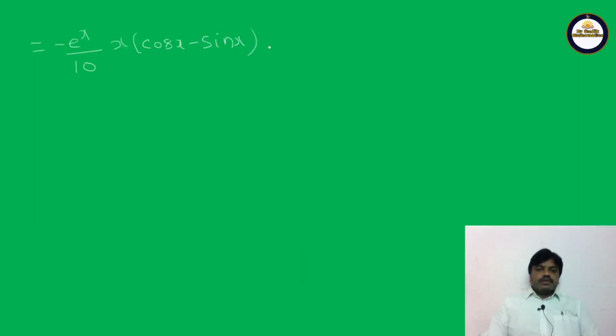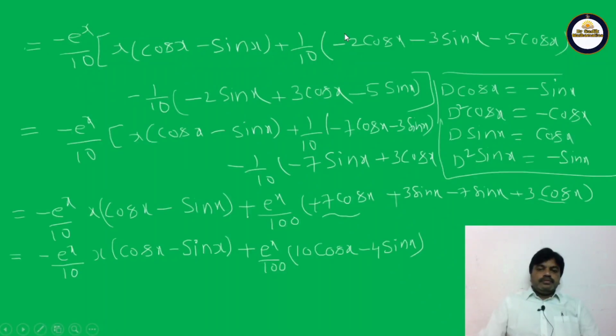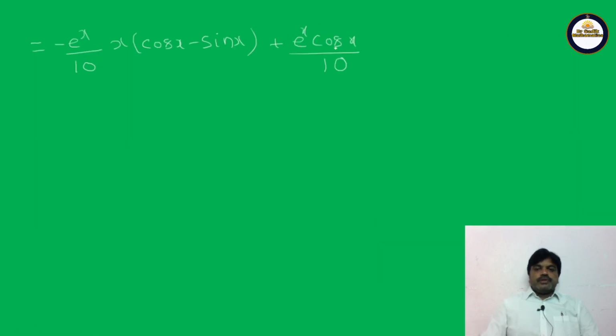So plus e power x cos x by 10, minus this 4 in 100 is 25 times, so e power x sin x by 25, minus e power x sin x by 25, which is the required particular integral.